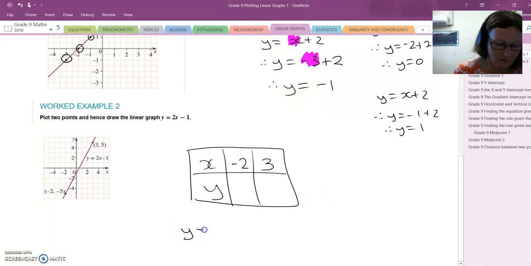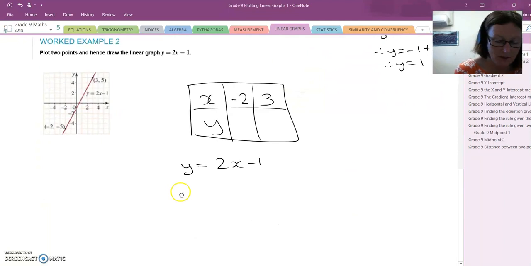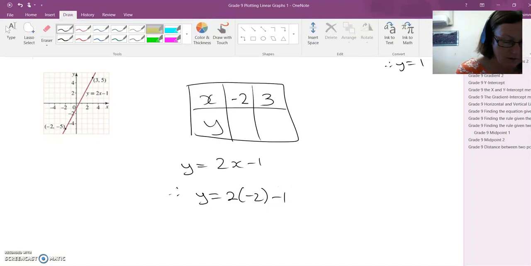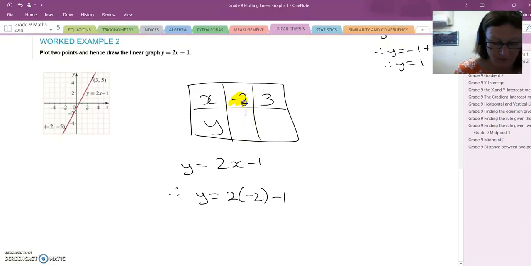Y is equal to 2x minus 1. So in the first case, I'm going to substitute. Instead of x, I'm going to put -2. So y equals 2 lots of -2 minus 1. So what I've done, this -2, I've put there. So 2 lots of -2 is -4, subtract 1, so y is -5.